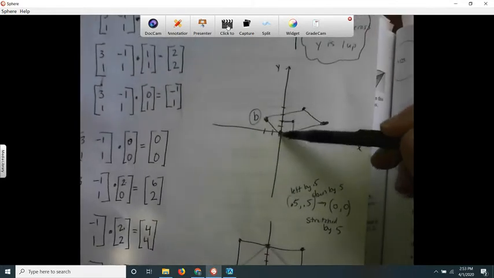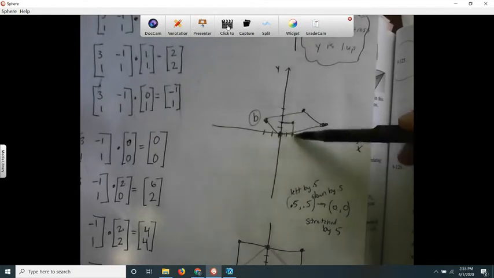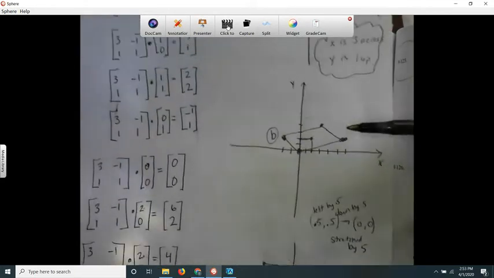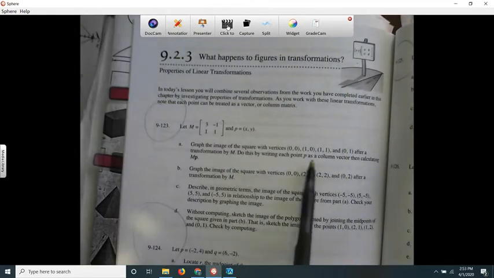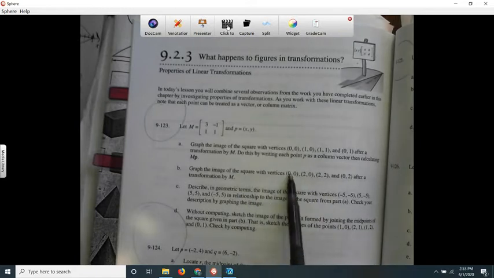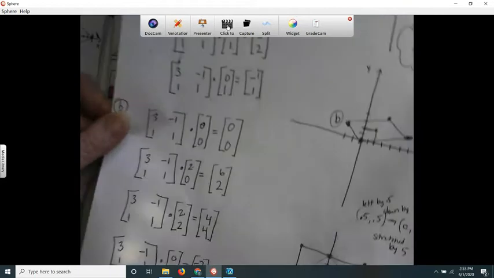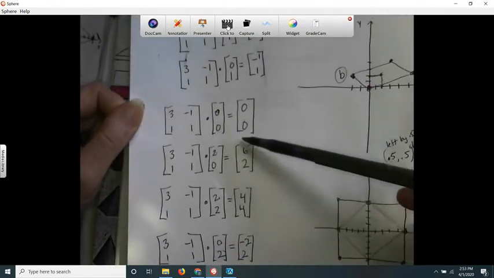I just made my lines closer together, but that's the 2 by 2 square. Then I took all the ordered pairs that they gave me, and I multiplied each one of them by the same transformation matrix.